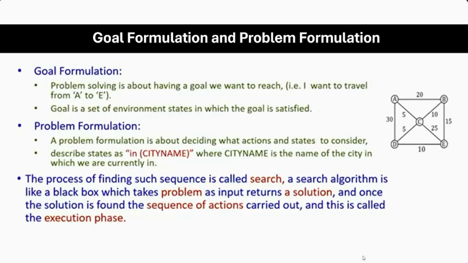For problem formulation, it's all about deciding what actions and states to consider, describing the states, city name, where the city name is the name of the city in which you are currently in, and that's it. You only do the determining factors, and that is through searching, taking the problem as an input, and then returning the solution, and that solution is found as a certain sequence of actions.